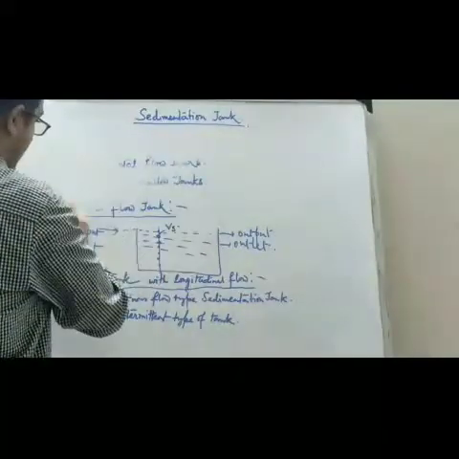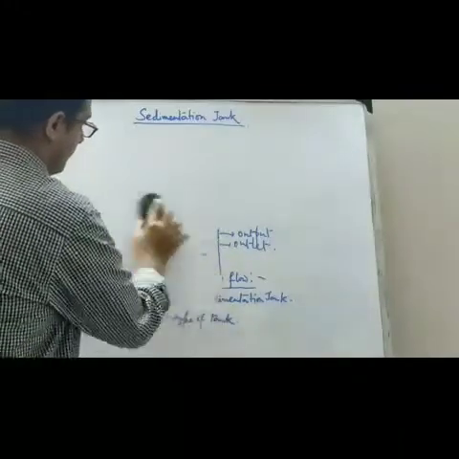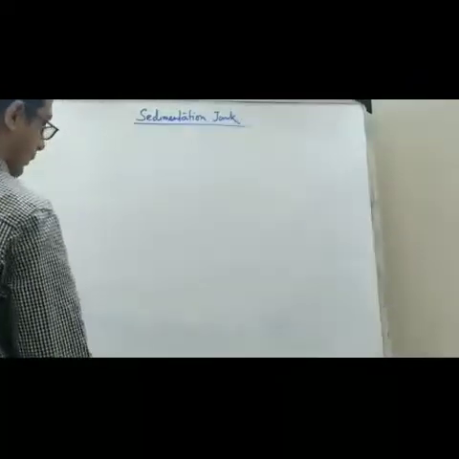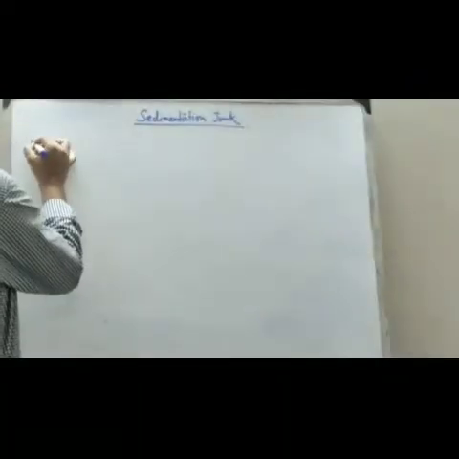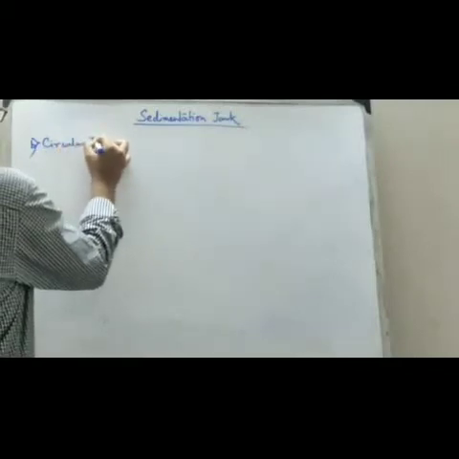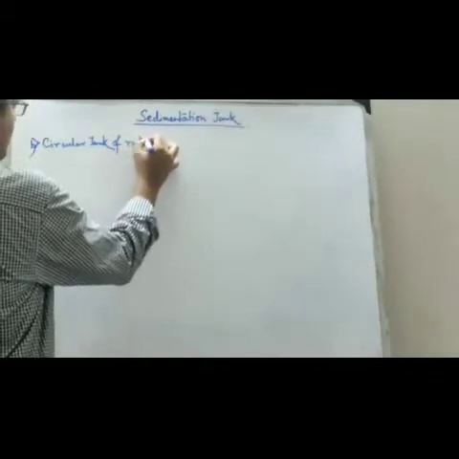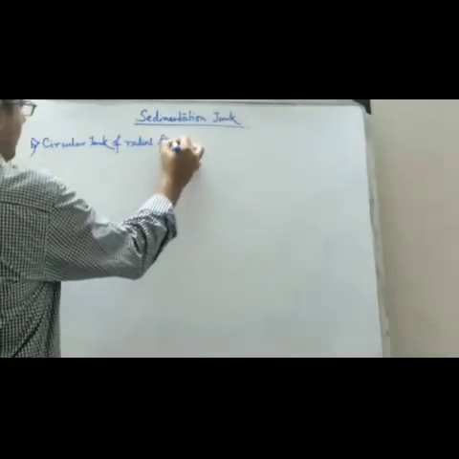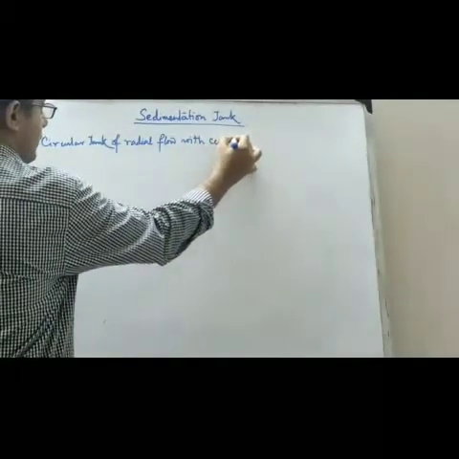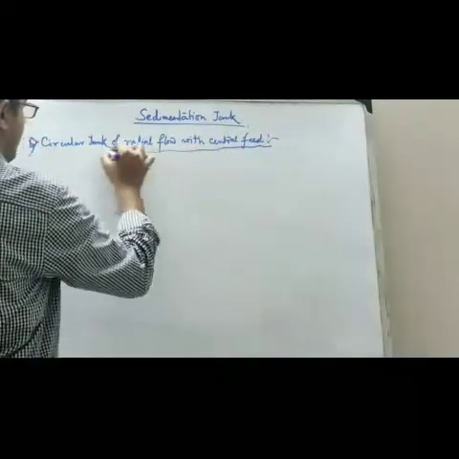So please write down, the second is circular tank of radial flow with central feed.